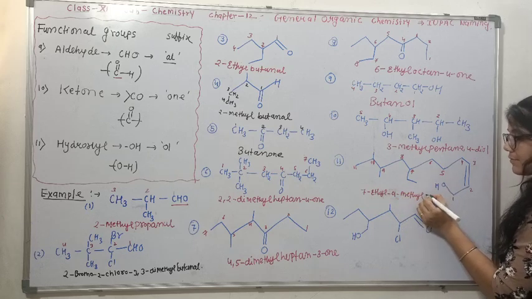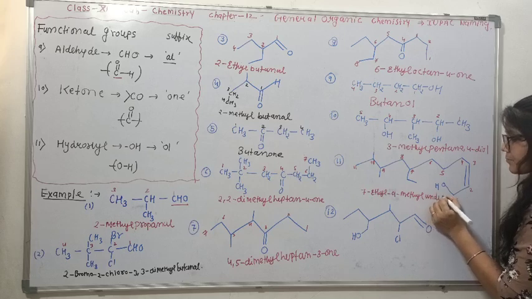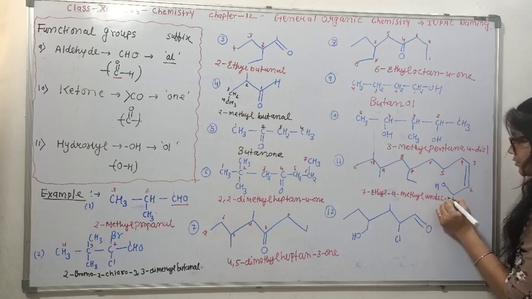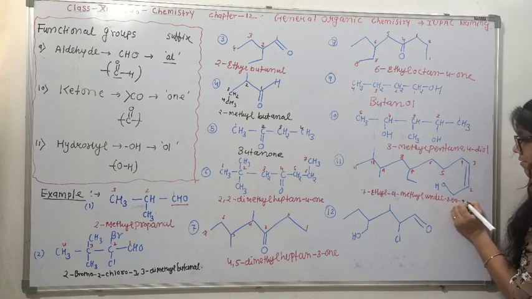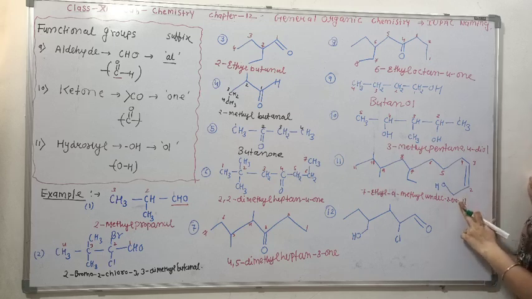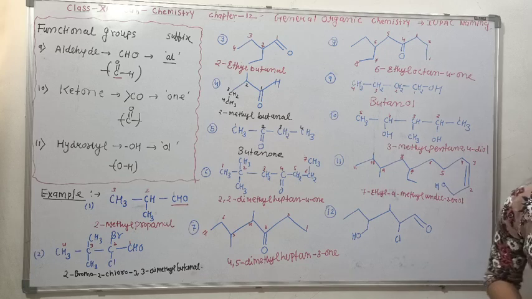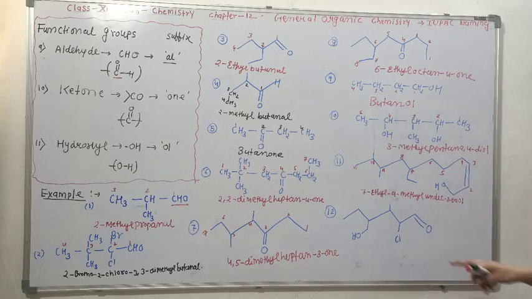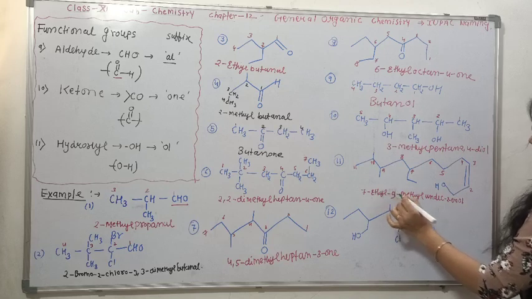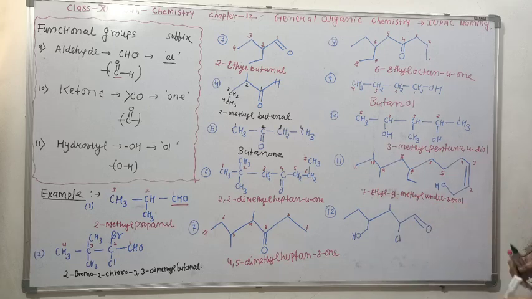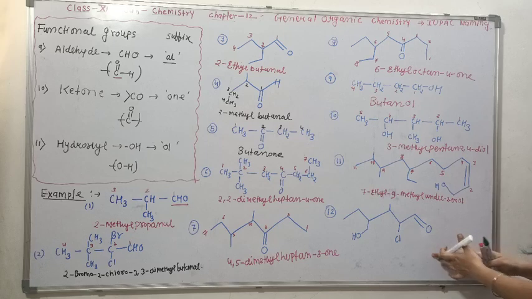For 11 carbons we'll call it undec. Undec-2-yn-1-ol, because the functional group is on carbon 1. So we can write 7-ethyl 9-methyl undec-2-yn-1-ol.